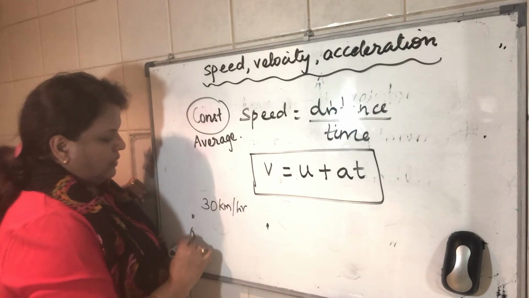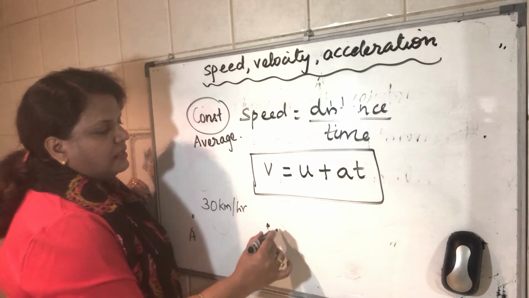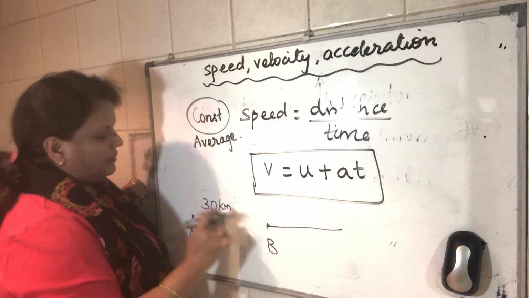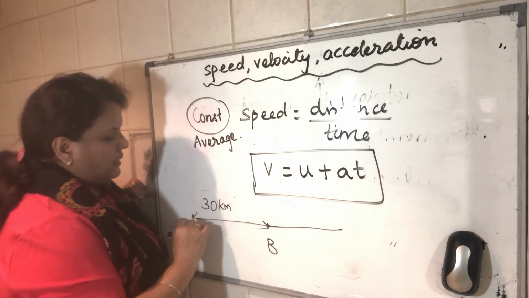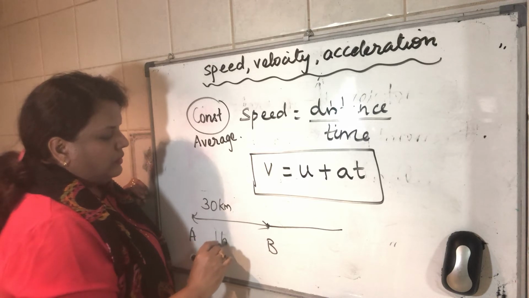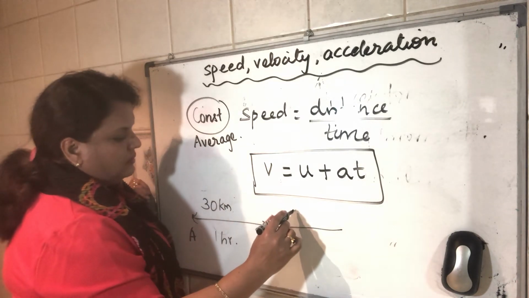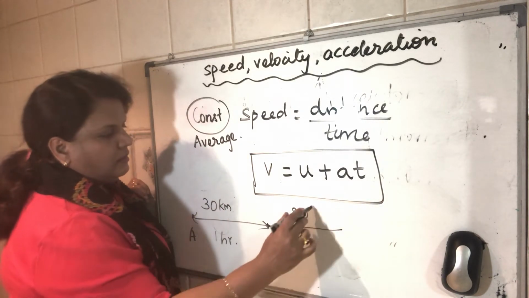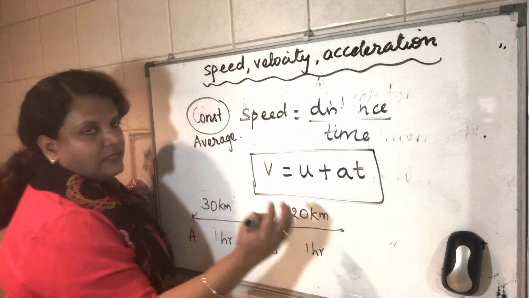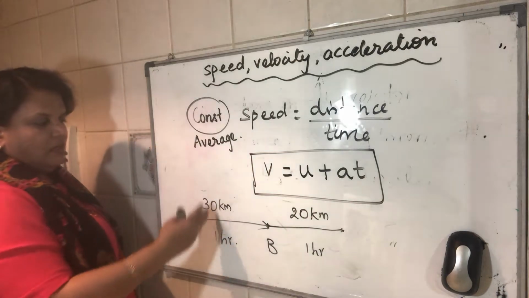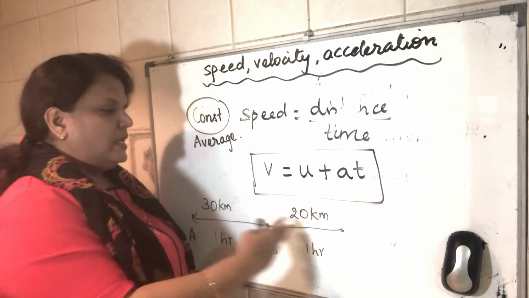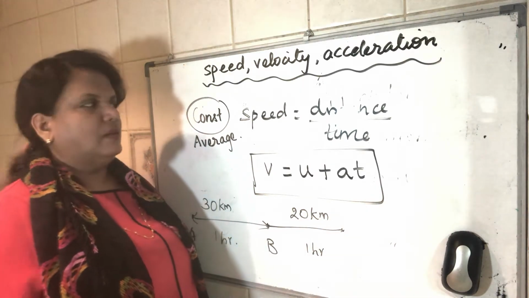It covers 30 kilometers in 1 hour. Then it covers 20 kilometers in 1 hour. Like this, the speed keeps changing. So here the speed is 30 km per hour, here it is 20 km per hour. Totally it has covered 50 kilometers.